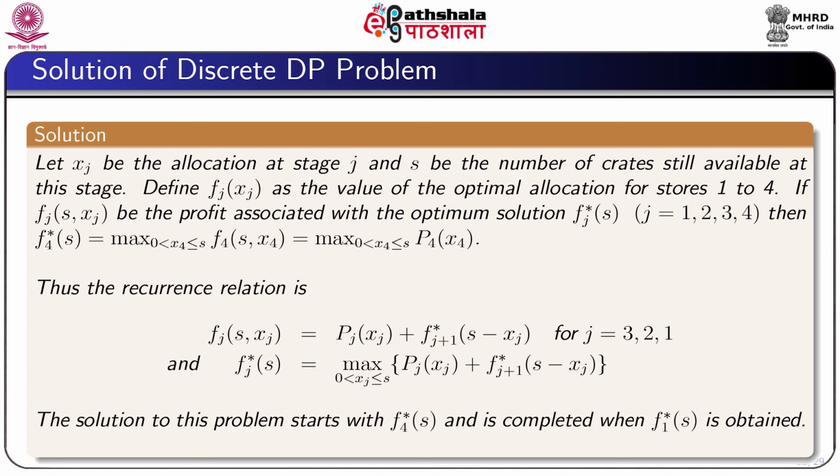Then the recurrence relation can be obtained for j equal to 1, 2 and 3 as f_j(s, x_j) equals P_j(x_j) plus f_{j+1} star(s minus x_j). The solution to this problem starts with f_4 star(s), that is, we will first allocate in the fourth store and then we will proceed backward.